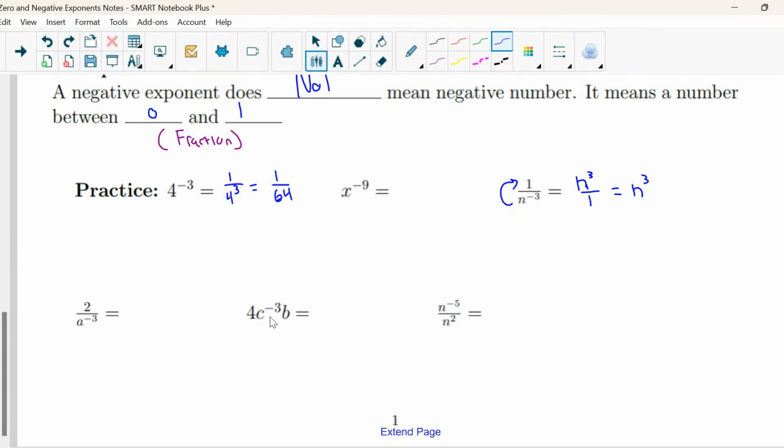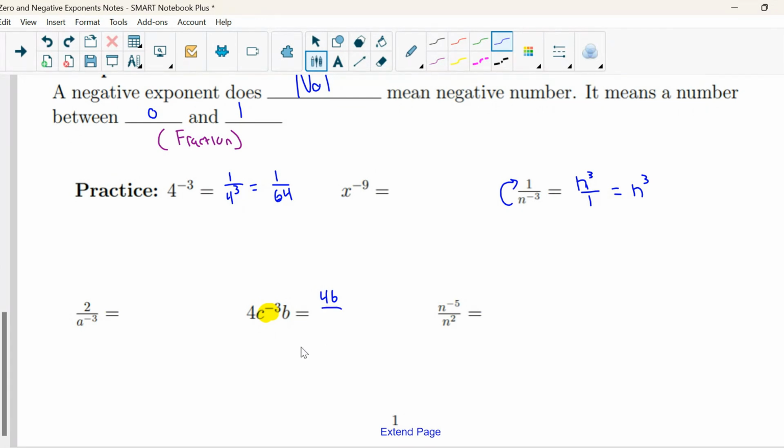In example number 3 here, I have 4 times c to the negative third power times b. When you have multiple terms being multiplied like this, I would really just look out for which term has a negative exponent, because that term's the only term that you have to take the reciprocal of. So my 4b, nothing's going to change.